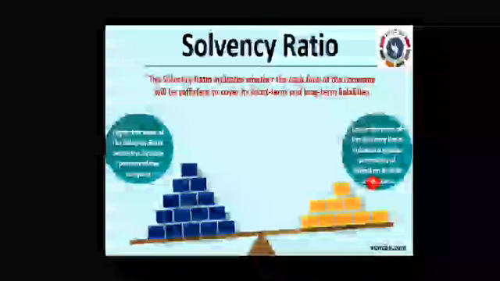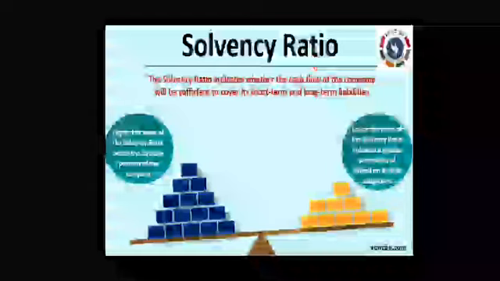Do you understand? For what purpose are we preparing solvency ratio? To find whether the company has sufficient cash in hand to pay both its long term and short term obligations. If our solvency ratio is high, what does it mean?